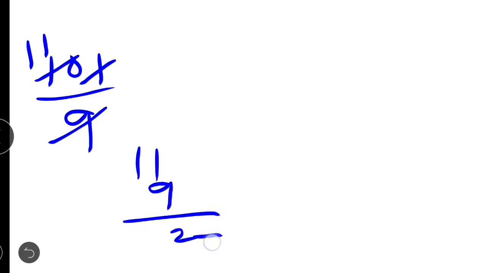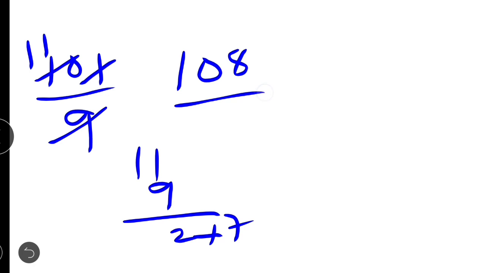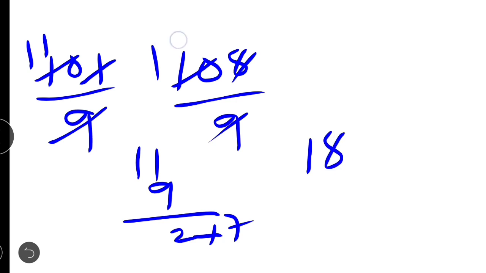So for 2 we need 7, that means 108 is divisible by 9. 9 ones are 9, remainder 1, next digit 8, 9 twos are 18. So 108 is the first number between 100 and 500 which is divisible by 9.